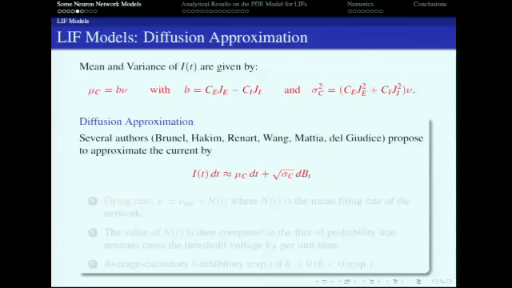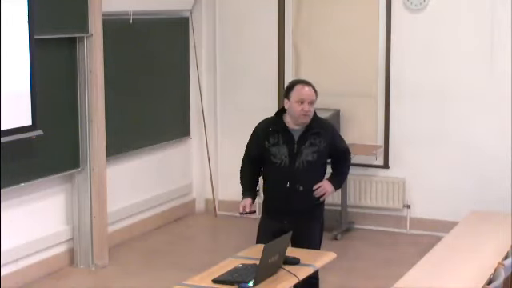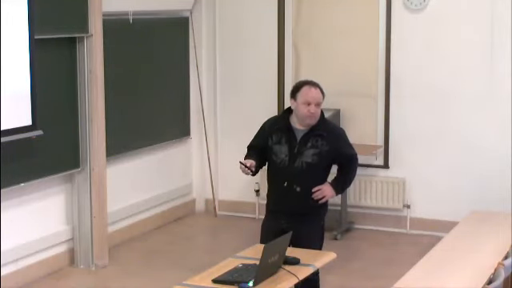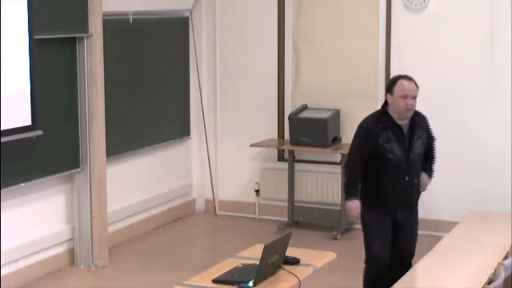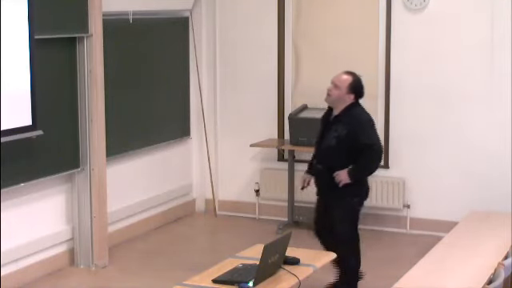Approximate this process by just a Brownian motion with the same mean and variance as the I of t. Again, here you are doing another approximation, and I don't think anybody has tried to look at how bad or how good this diffusion approximation is in theoretical terms. But this is what they do. They approximate this by a Brownian motion with a drift given by mu c and variance sigma c. Okay?